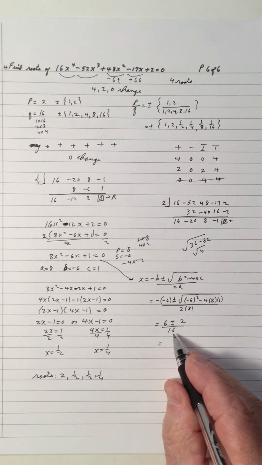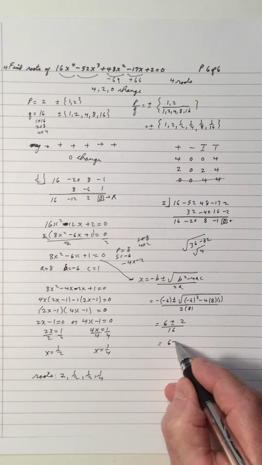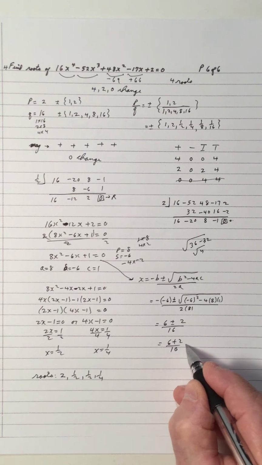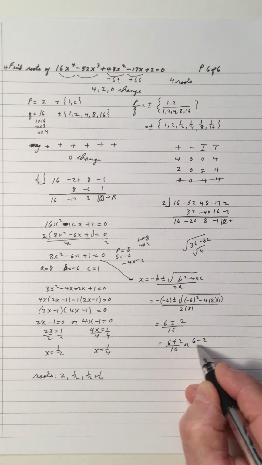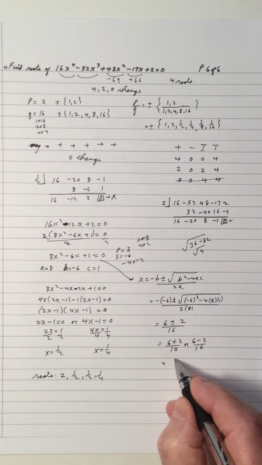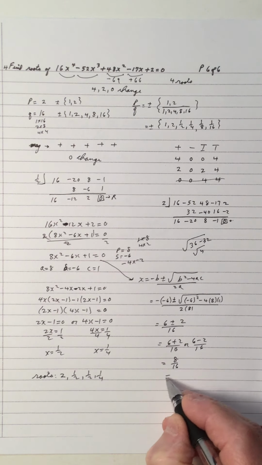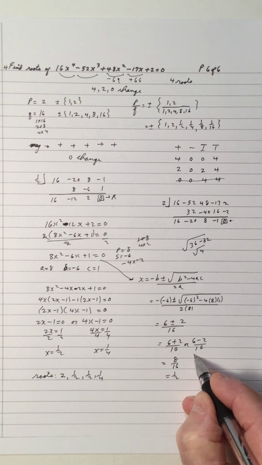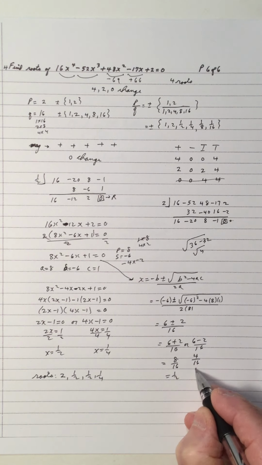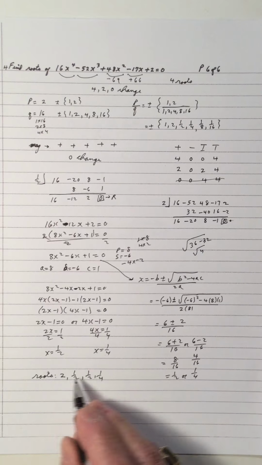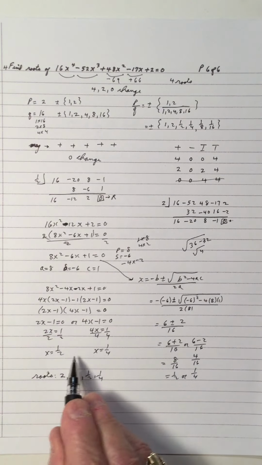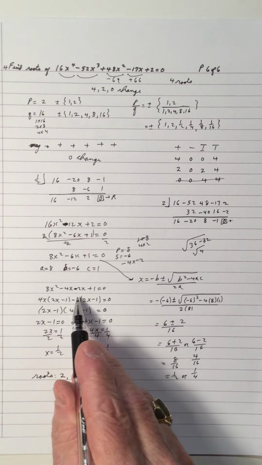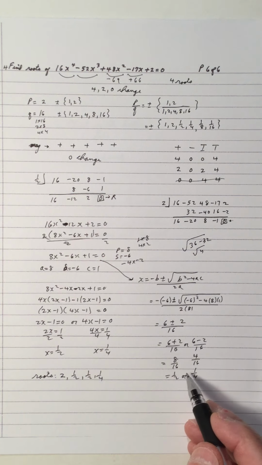So now I got a choice. I can go 6 plus 2 over 16 or 6 minus 2 over 16. So that's 8 over 16, which is 1/2. And we got 4 over 16, which is 1/4. So you can factor it like this, or you can do the quadratic formula.